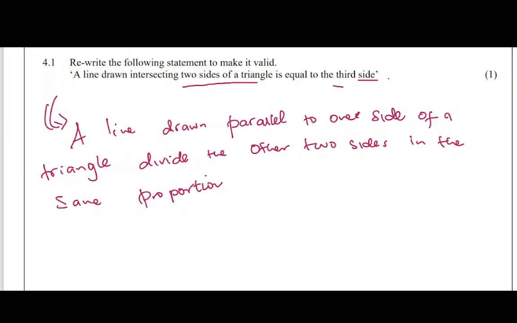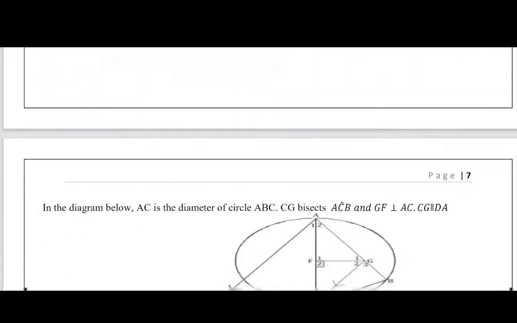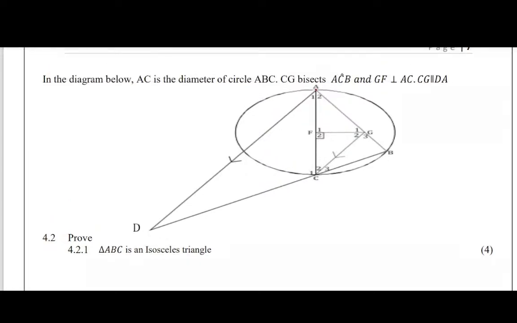Okay, and then with the next question, 4.2, telling us that in the diagram, AC is a diameter of the circle ABC, and then CG bisects the angle AC, so which means this angle is the same as that angle, and GF is perpendicular to AC, which means it makes a 90.